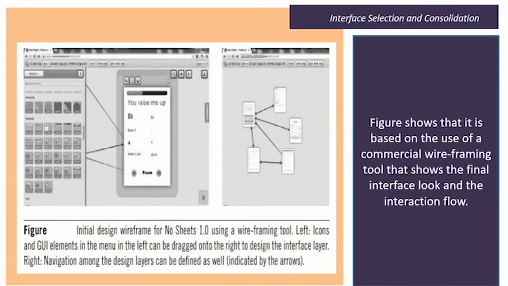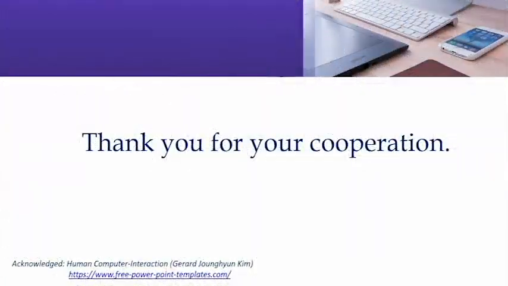You can apply right now what you learned in this chapter, the overall design process of HCI. So I think this is the end of this chapter for HCI design. And thank you for your time and cooperation.